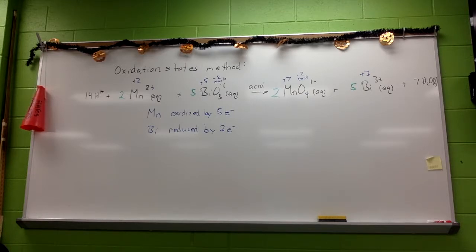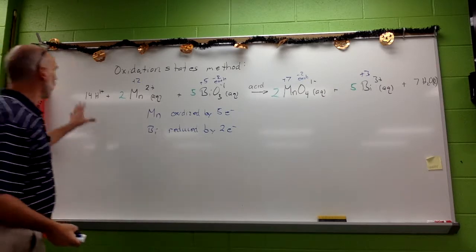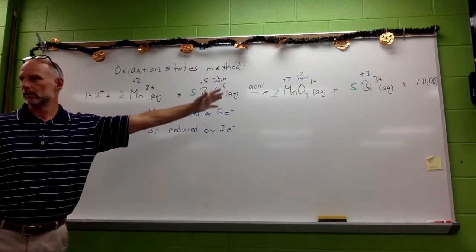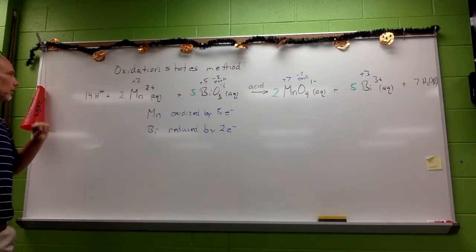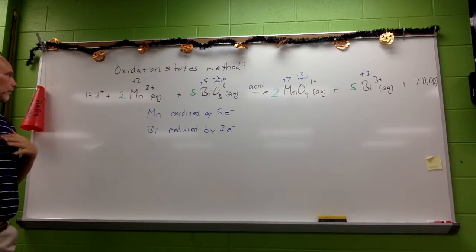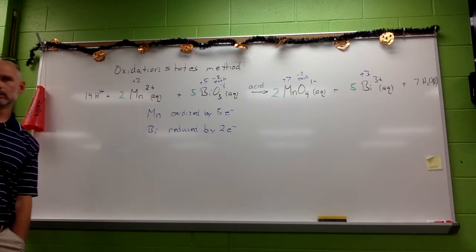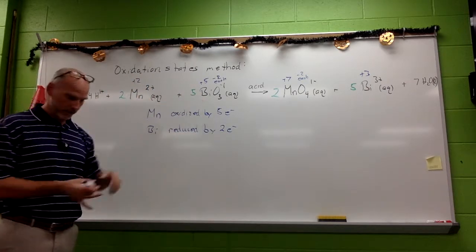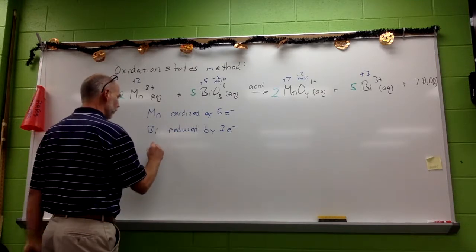So what we do is find the net charge on each side of the equation, or the total charge on each side of the equation, and make sure that it balances. So what is the charge of everything on the reactant side? Yeah, we have 14 positive charges here, 5 negative charges here for a plus.